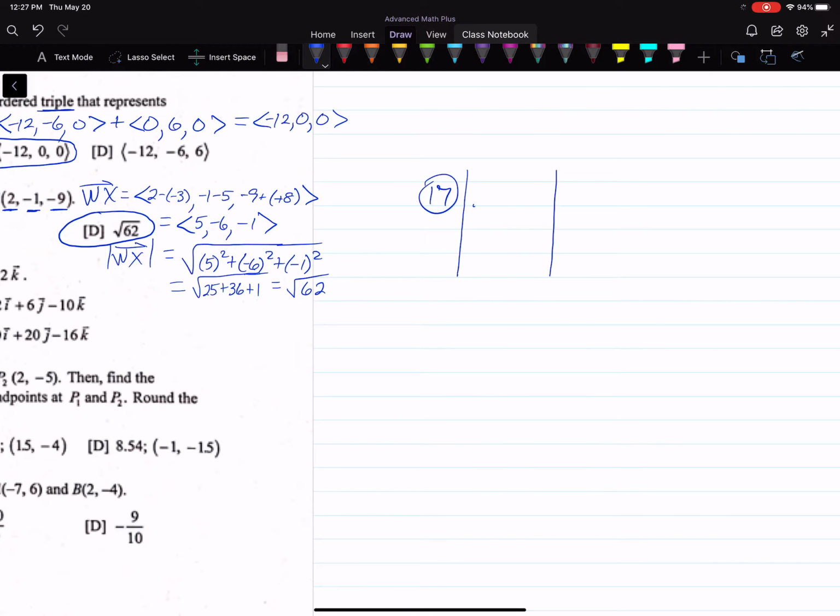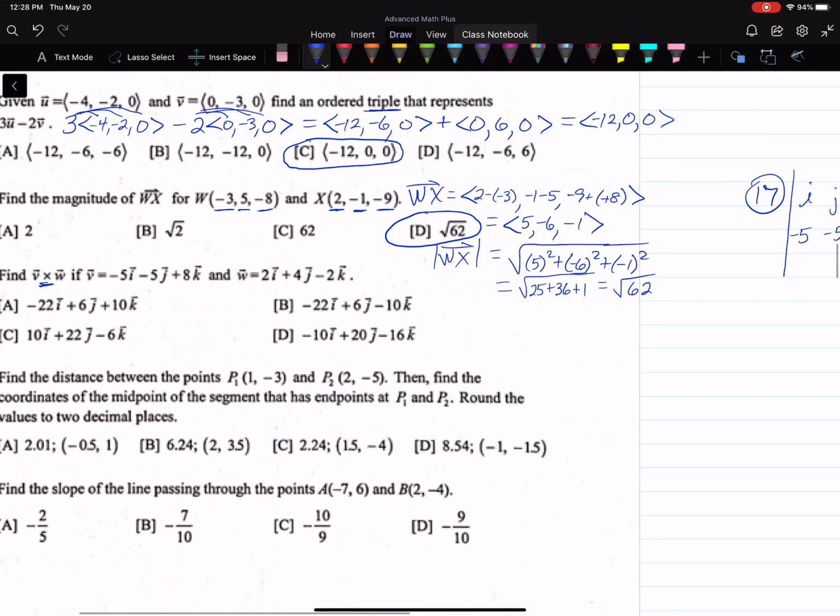This is the one where we make the 3 by 3 matrix. On the top row, we let that be I, J, and K. And then in the middle row, we let be our first vector, which would be negative 5 and 8, and I'm getting that from these.